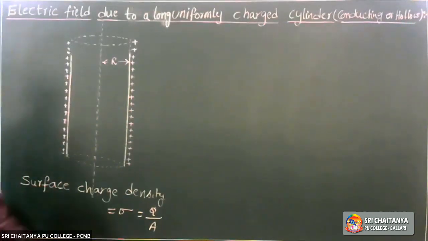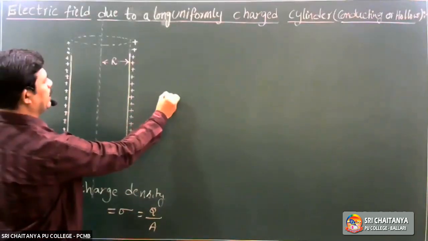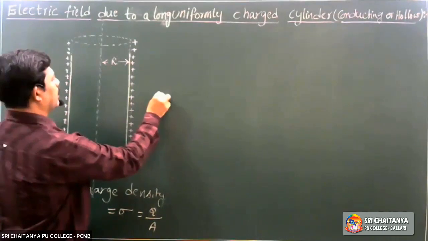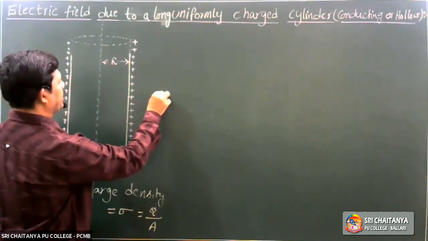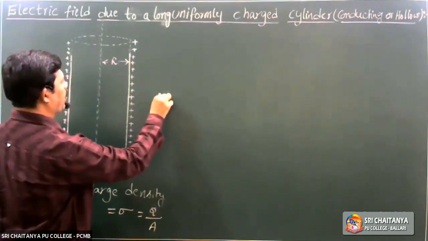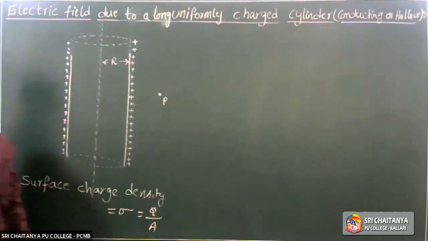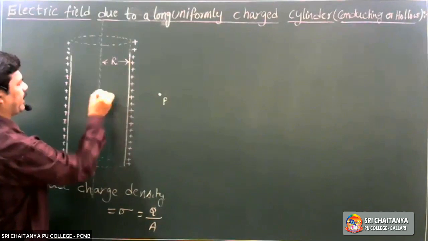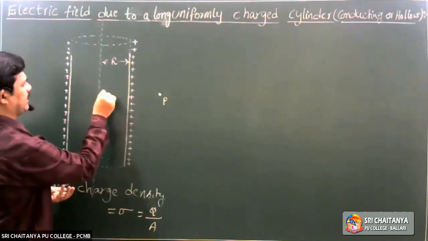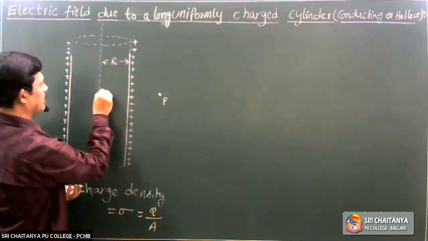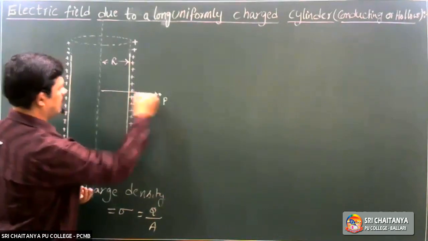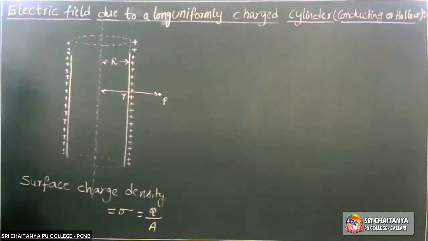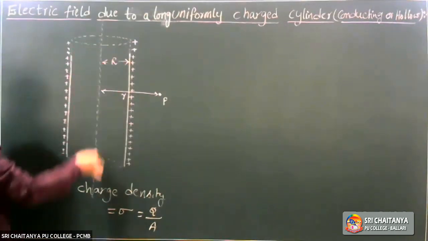Now, I take a point here. Let P be a point located at a distance r from the axis of the cylinder.